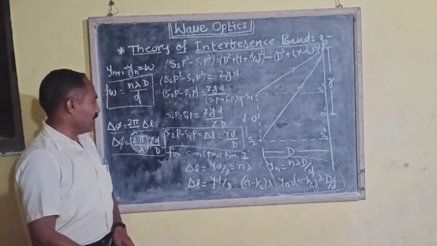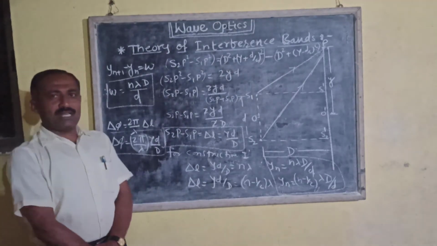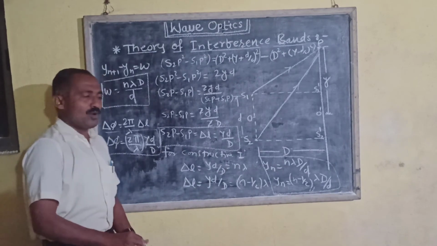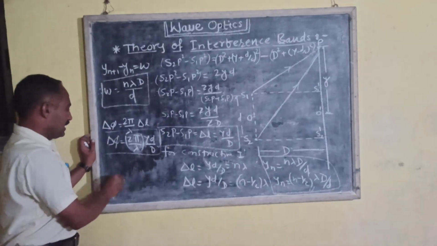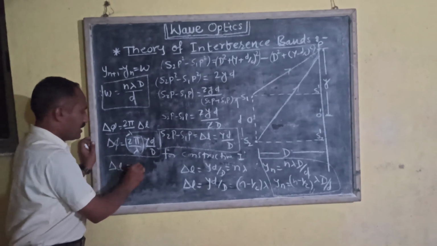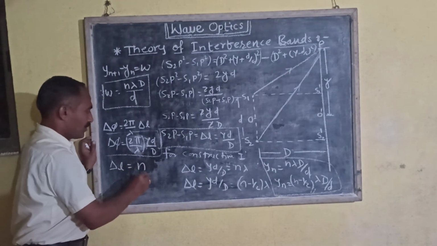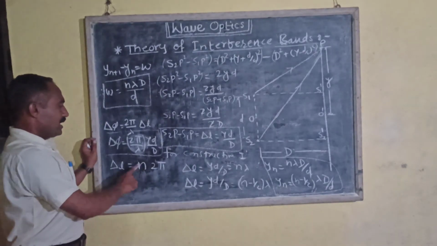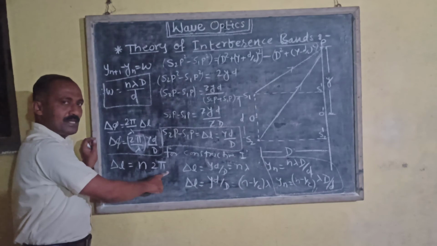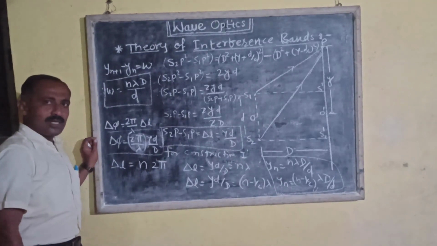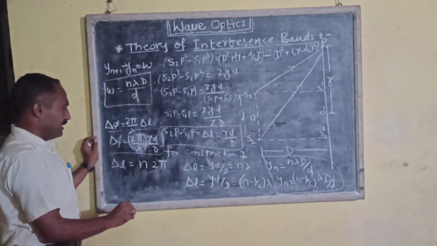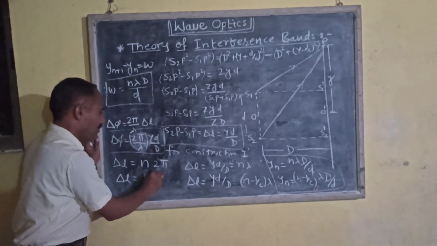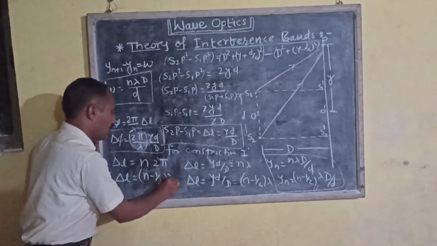And again, we can write the condition for constructive interference in terms of phase difference: for constructive interference, the phase difference is n into twice pi, that is an integral multiple of twice pi. And for destructive interference, the phase difference must be (n minus half) into twice pi.